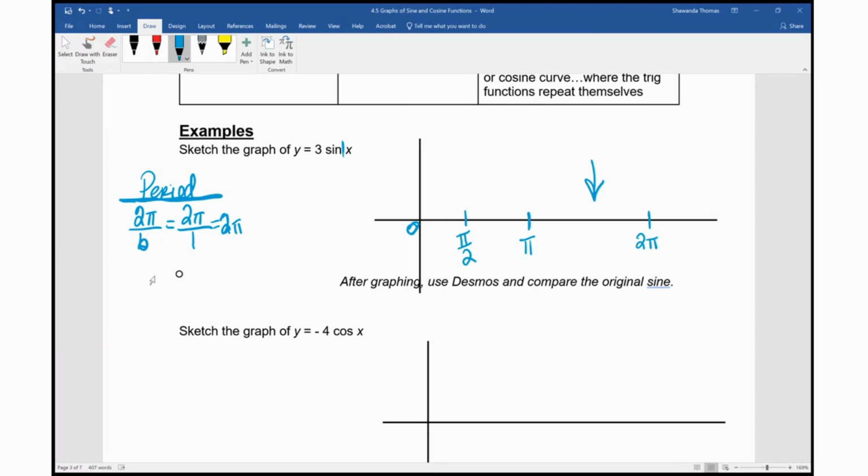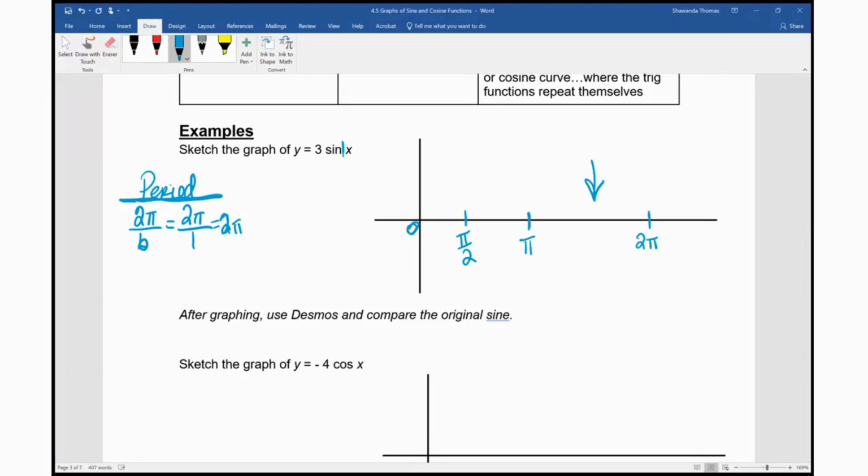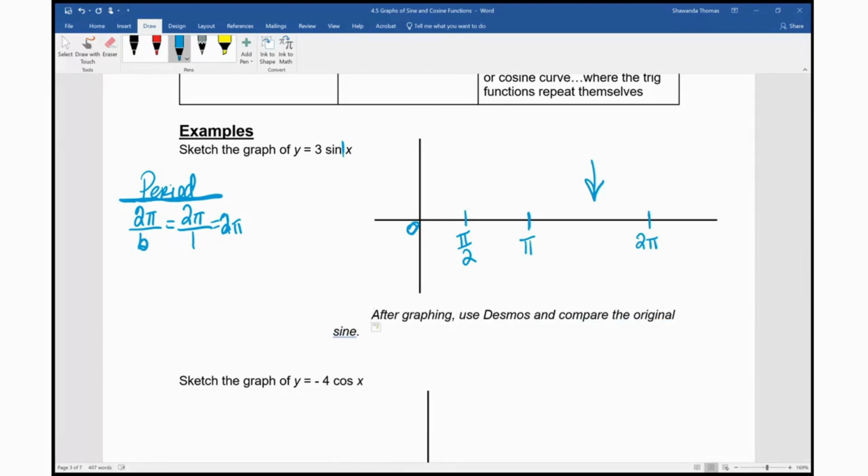One way you could do it is, if you know all of these are pi halves apart, right? So if you add another pi halves, you get pi. So you can add a pi halves to pi. So what is pi plus pi over 2?